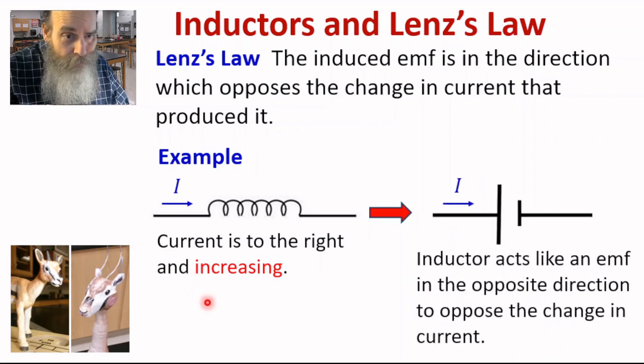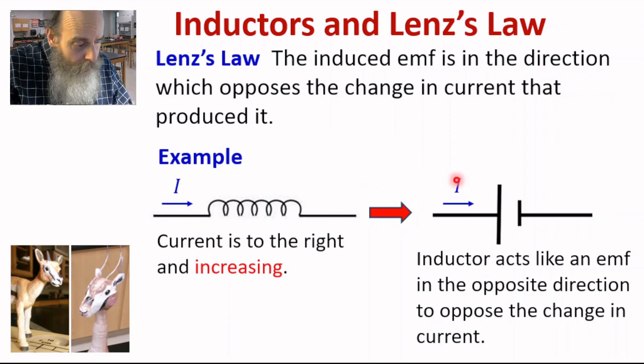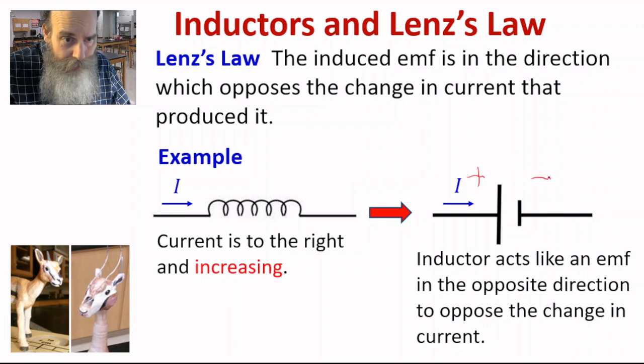It's going to have an EMF which is in the direction opposite to that of the current. This will oppose the change in the current. So this end will be the positive end of the induced EMF, and this end will be the negative end. So that's going to oppose an increase in the current.